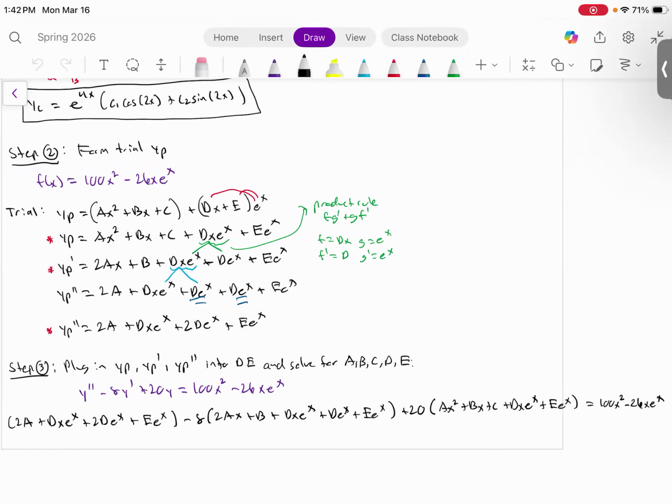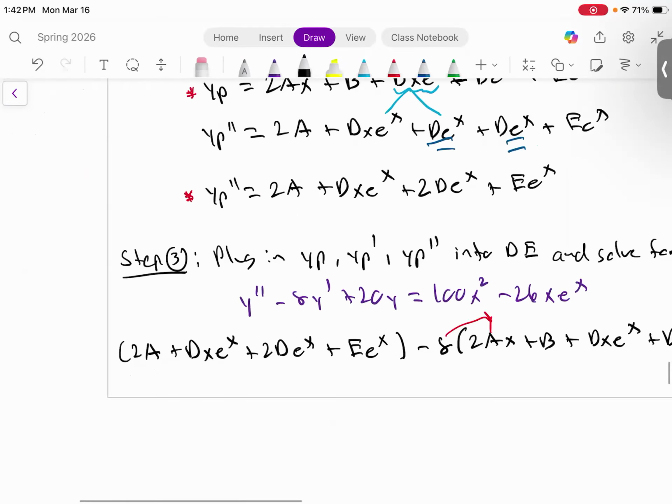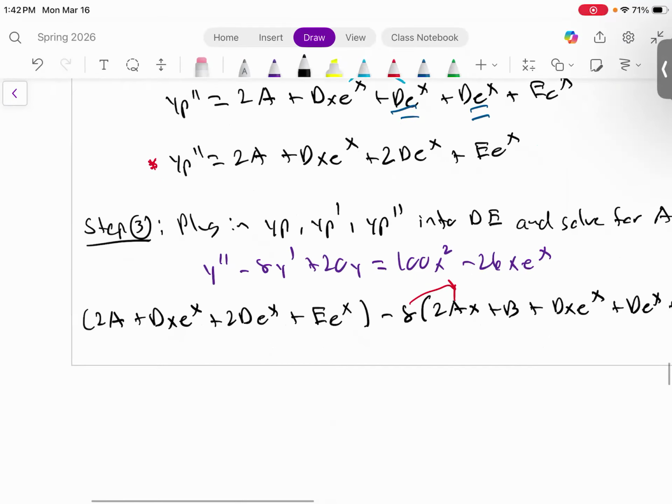Let's distribute in the -8 into all of these terms and then the 20 into all of those terms. So when we do that, let's also drop the parentheses. But what we get is 2a plus dx e to the x plus 2d e to the x plus e to the x.